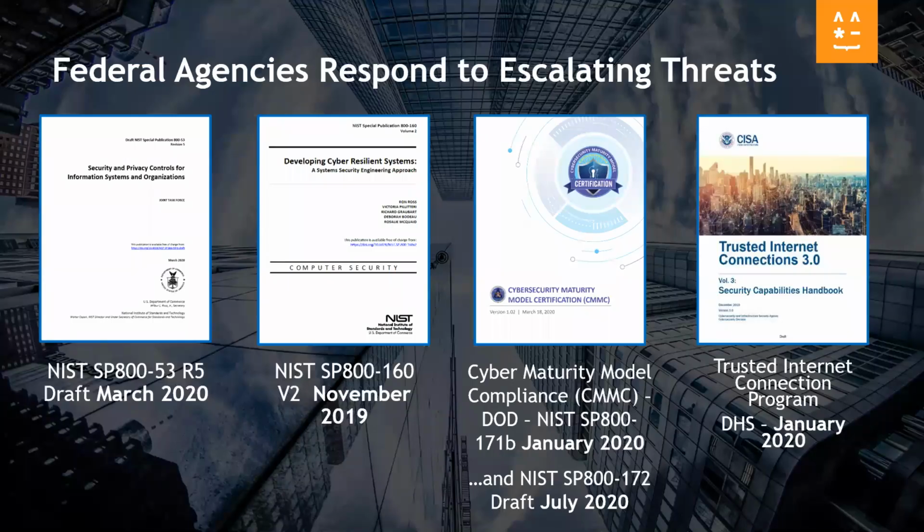And over the past, I'd say 3 or 4 years, a lot of content development has gone into standards like NIST 800-160 Volume 2, which was published finally in November, delving into cyber resiliency and secondary effects.